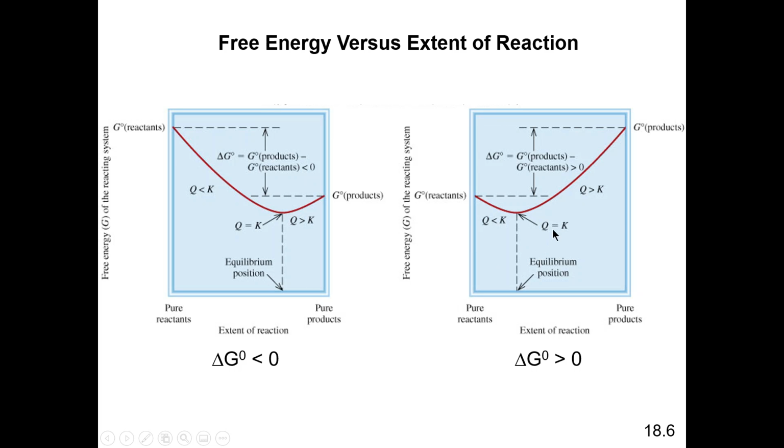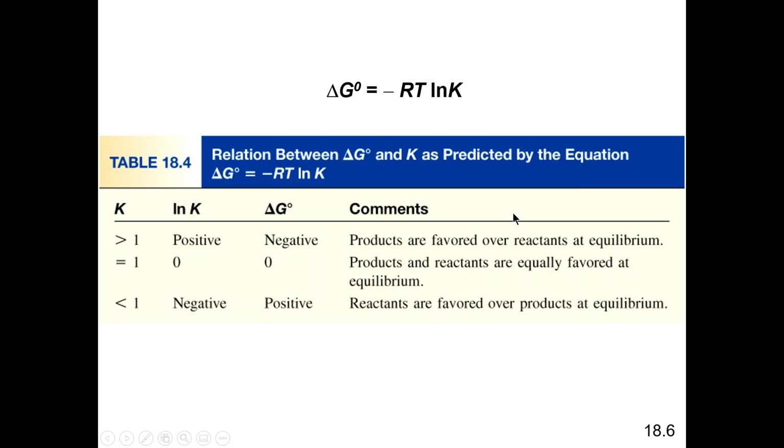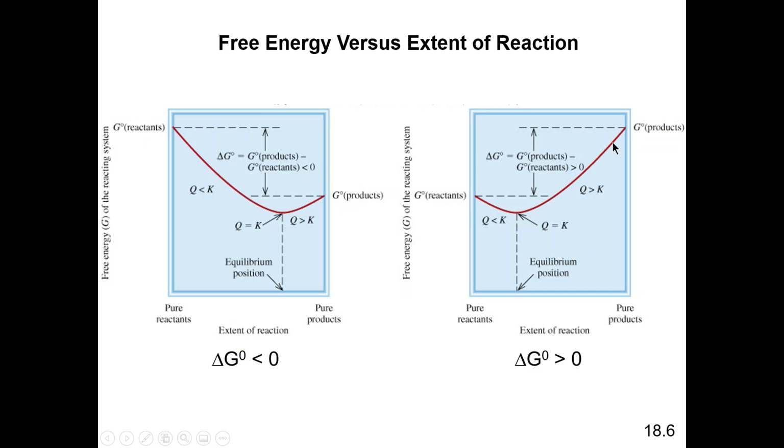In this case, however, things are reversed. Delta G is positive, which means that as the reaction goes from reactants to products, the energy falls here. I'm sorry, and then the same thing happens going from the products to reactants. The energy falls until you get to that equilibrium state. Again, delta G here is given. In this case, however, delta G is positive because the free energy of the products is greater than the free energy of the reactants.